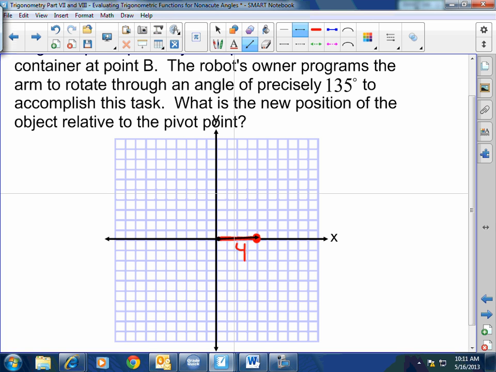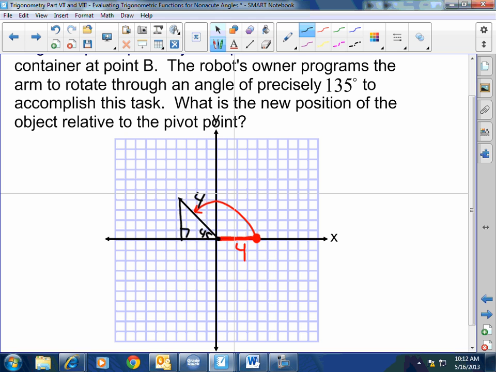Now that arm is going to travel 135 degrees. What happened there? Well, I went 90 plus 45. So my reference angle, if I drop this down, is 45. The hypotenuse is 4 because that's the length of the arm.